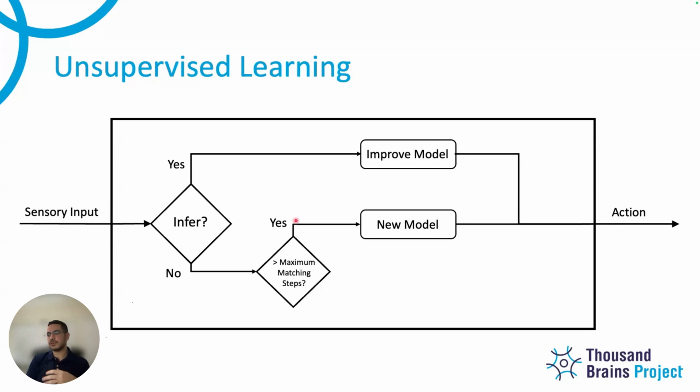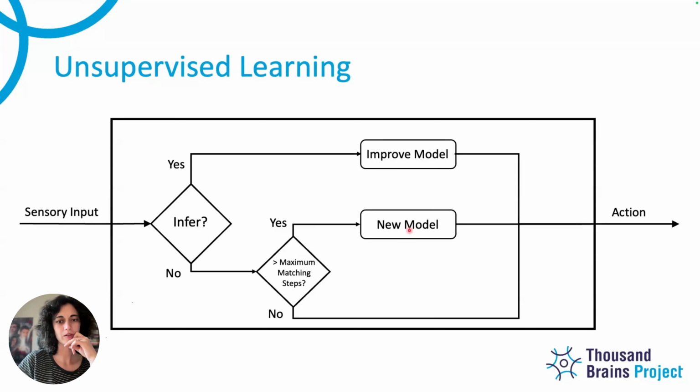So we check if we have already finished all the matching steps, and we create a new model, and then we add all these observations into that new model, and then we continue to improve it with the exploration steps. But if not, we continue to do more matching steps. And every time we do a matching step, we're storing this into a temporary model, which is called a buffer. And once we infer the model, we add all of the information in the buffer into the model that we inferred or the new model that we created.